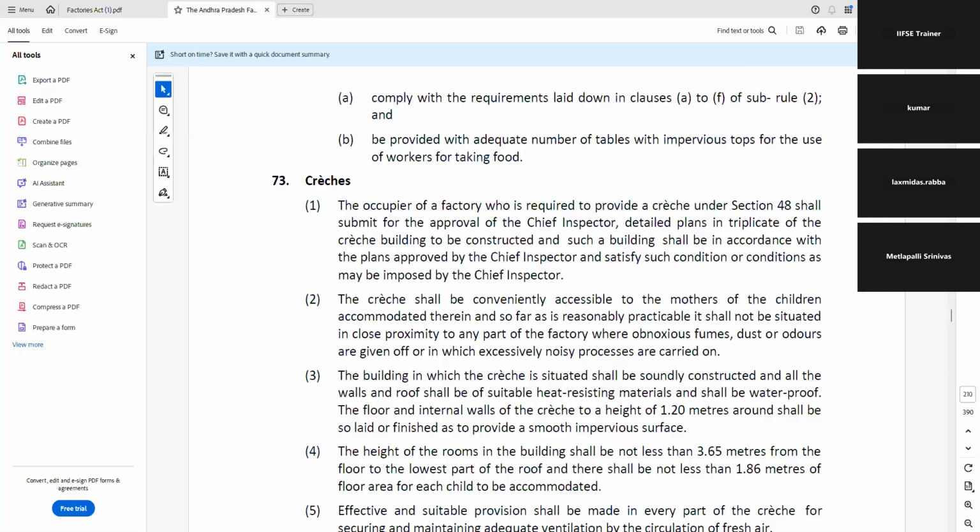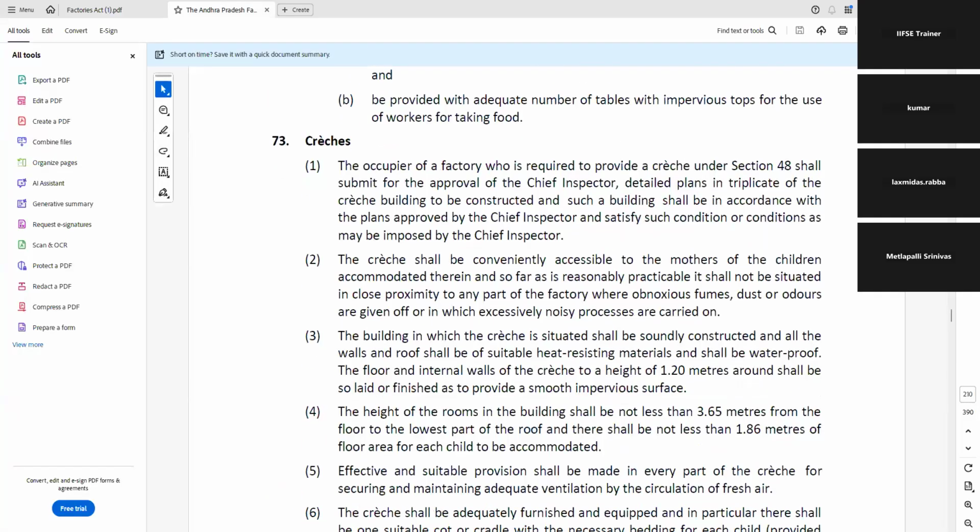When you see in the rules, rule number 73, the occupier who is required to provide a creche under section 48 shall submit for the approval of the chief inspector detailed plans in triplicate of the creche building to be constructed, and such a building shall be in accordance with the plans approved by the chief inspector and also satisfy such condition or conditions as may be imposed by the chief inspector.